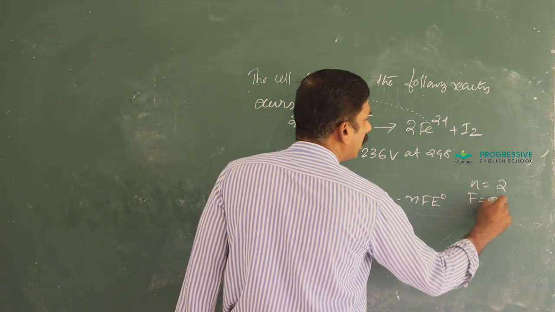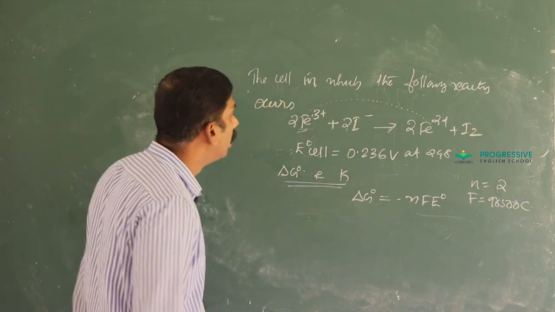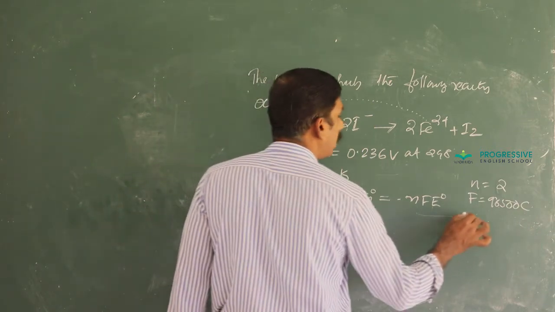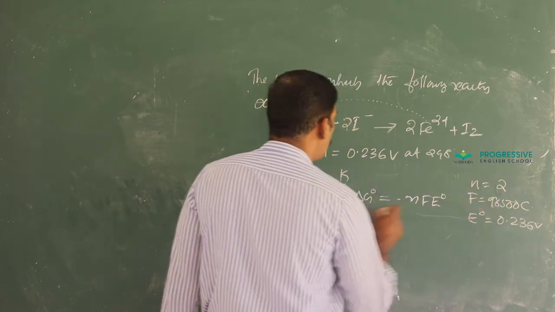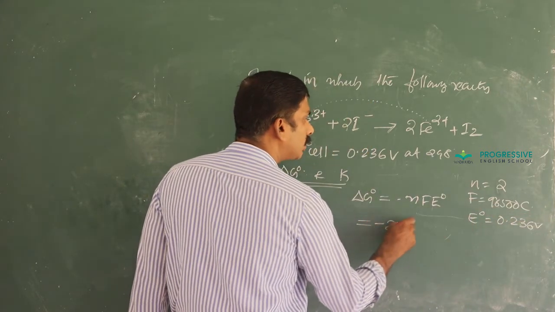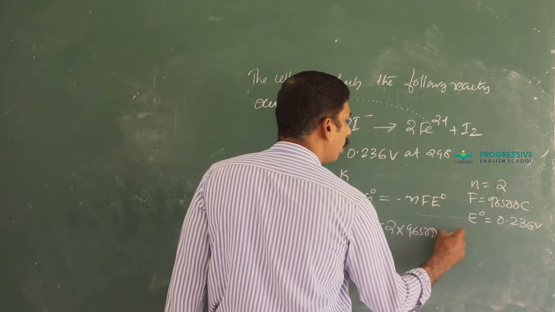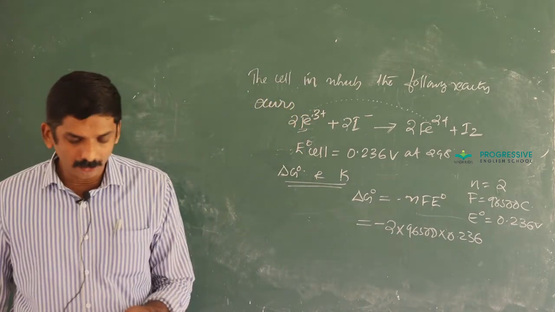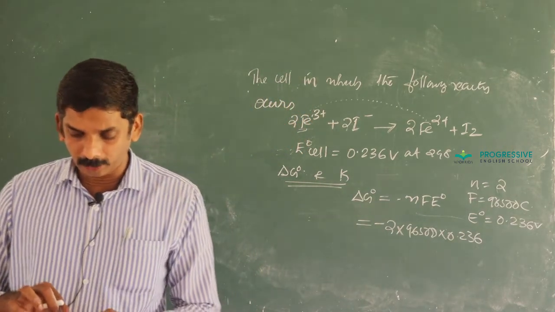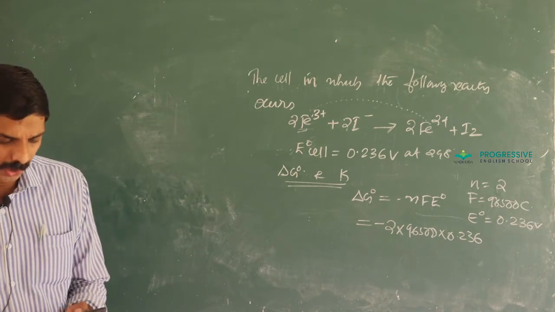F is constant, 96,500 coulomb is Faraday's constant. E0 value is directly given, that is E0 equal to 0.236 volt. Substituting, minus 2 into 96,500 into 0.236 is the standard free energy of that reaction.